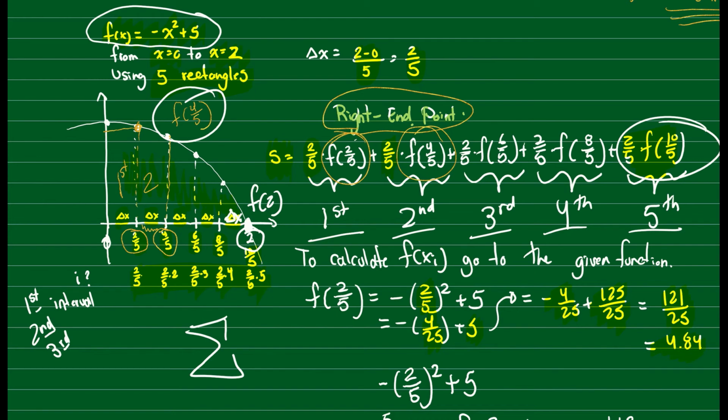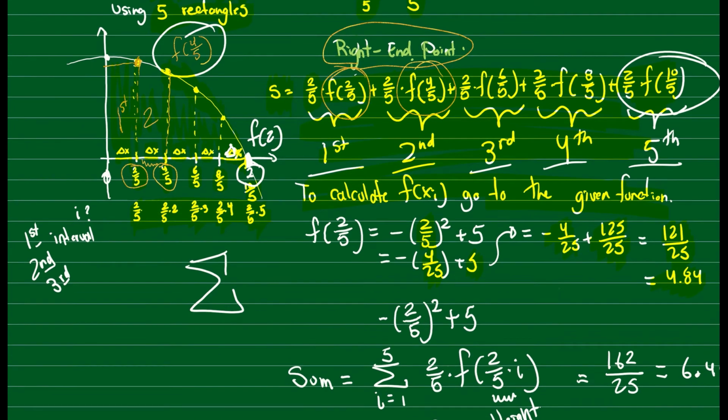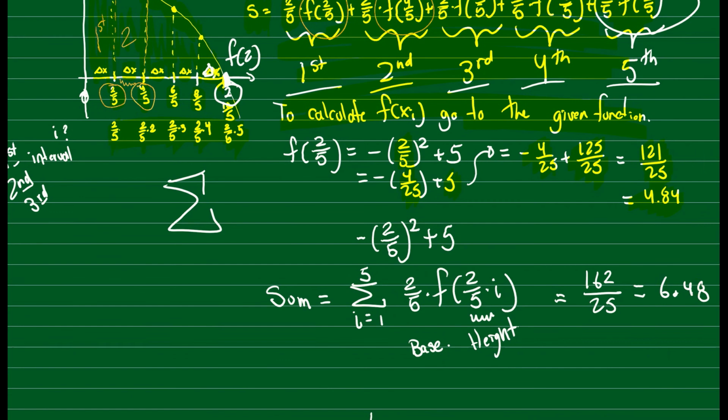That is the height for the first rectangle only. We have to calculate the same way the height for all the other rectangles. Once you have your numbers, then you could plug them into here and get a nice summation for a grand total of 6.48. Using the right endpoint, the sum is 6.48.